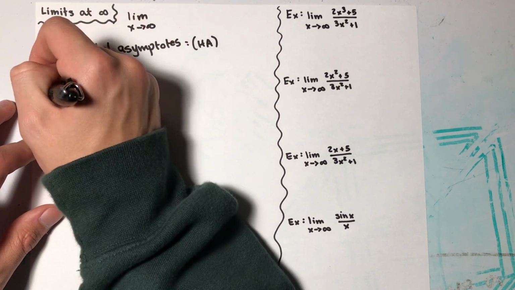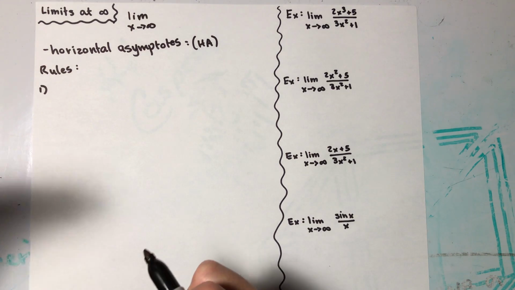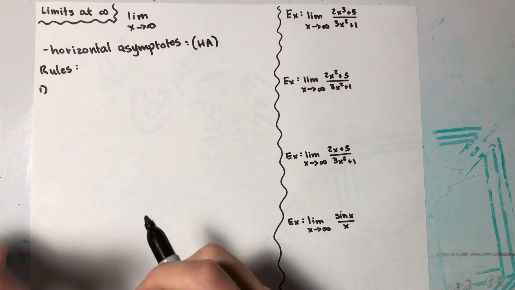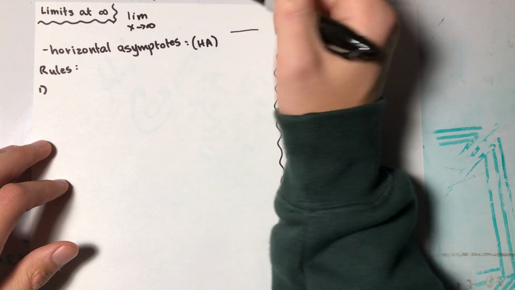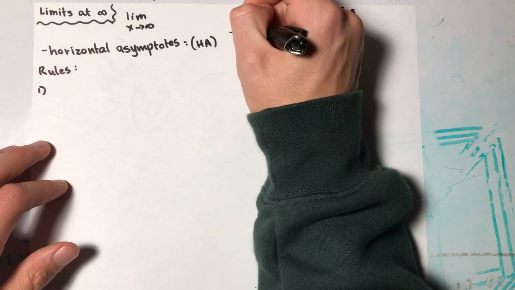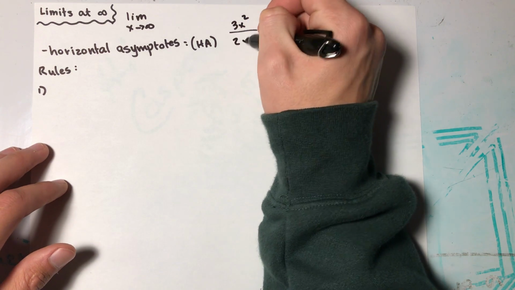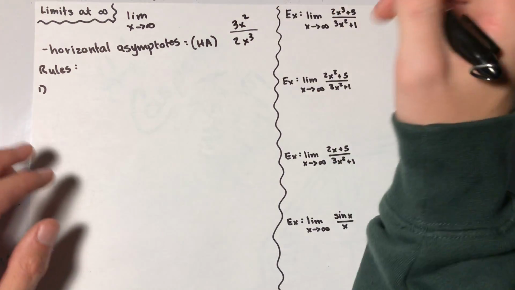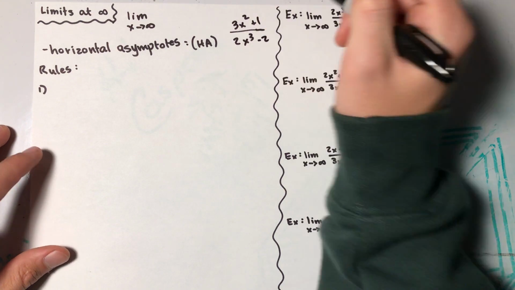So rule number 1 is, let's just look at a function. You have some number on top. Let's just say in this case you have 3x squared plus 1 over 2x cubed minus 2.